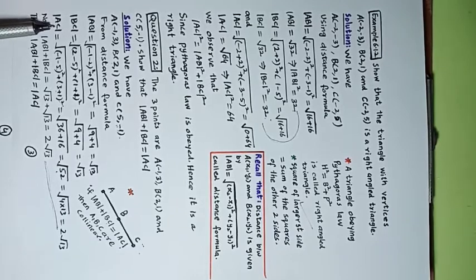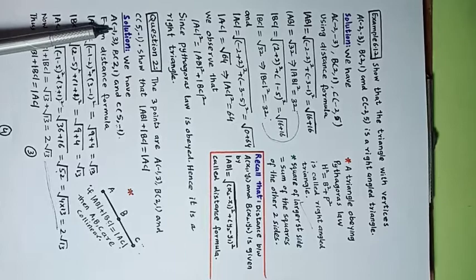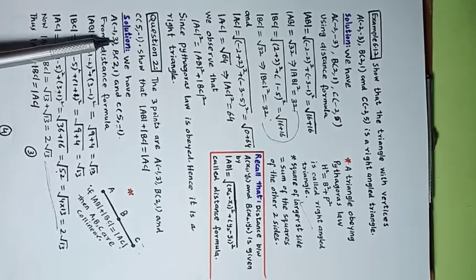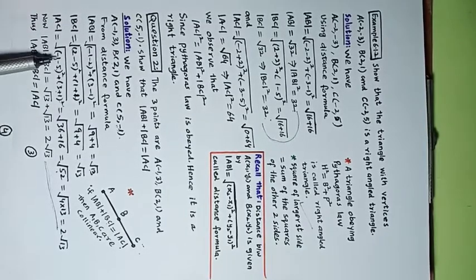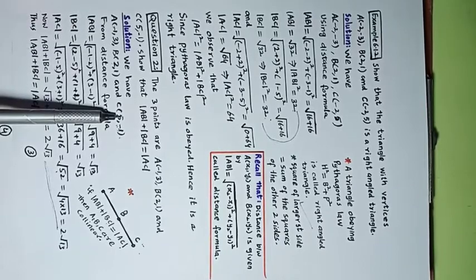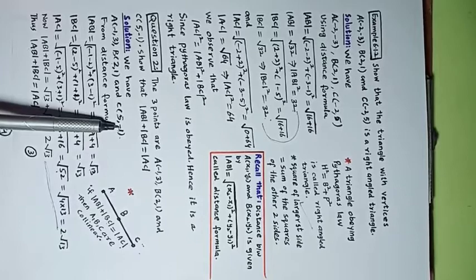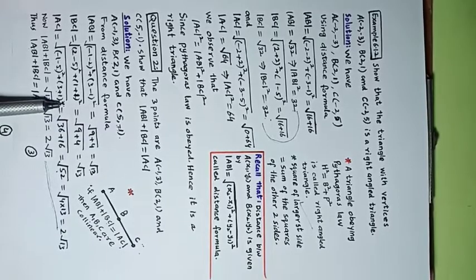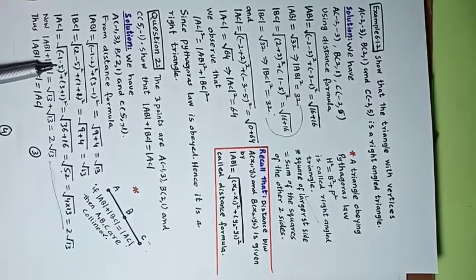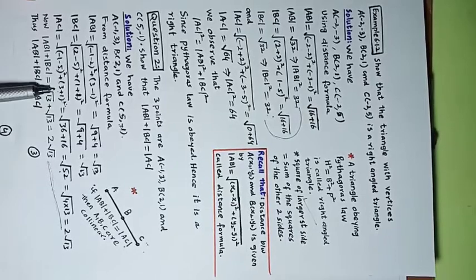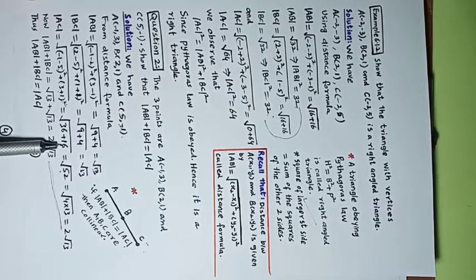AC, we are subtracting the coordinates of point C from the coordinates of point A. So from first we are subtracting first, and from second we are subtracting second. So we have -1 minus 5 whole square, 3 minus minus, which is plus, so 3 plus 1 square. This is -6 square 36, and plus 4 square is 16.